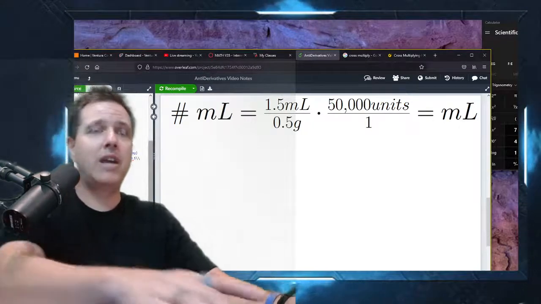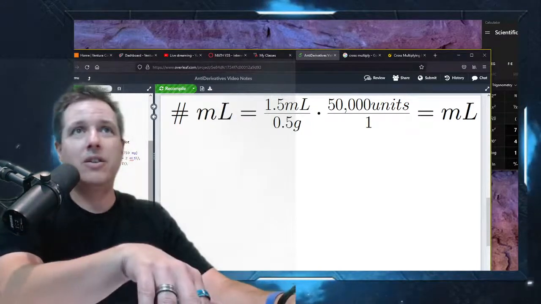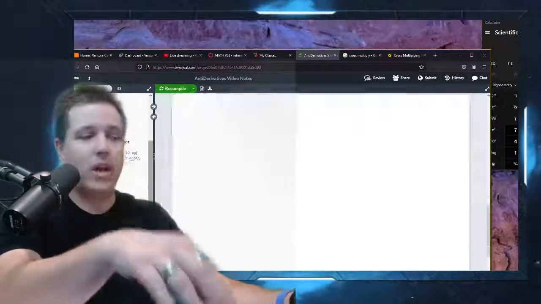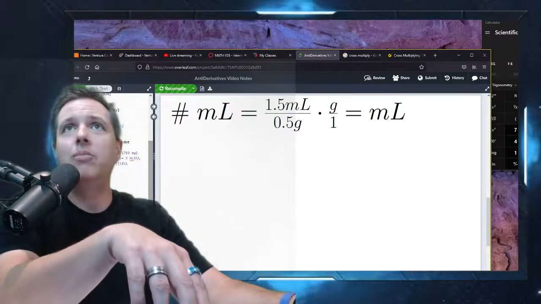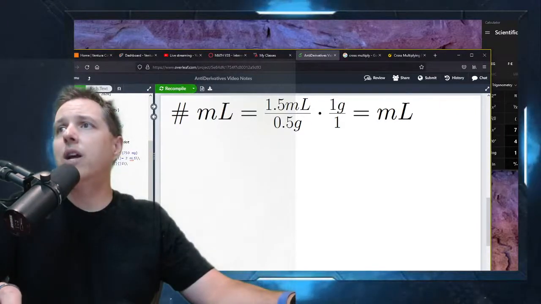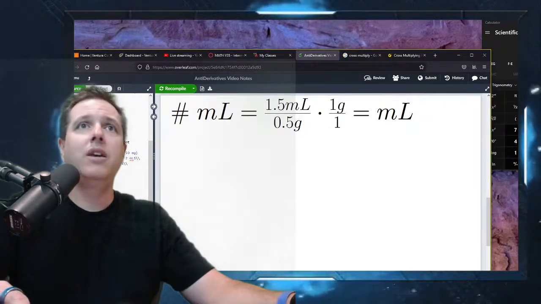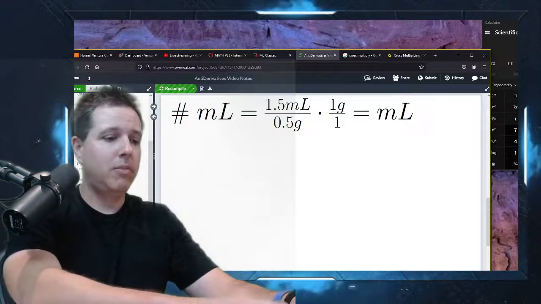So I'm going to convert that to be grams. And since gram is our basic unit of measurement for weight, we're just going to have 1 gram. And then how many milligrams do we want? In 1 gram, there is 1,000 milligrams.